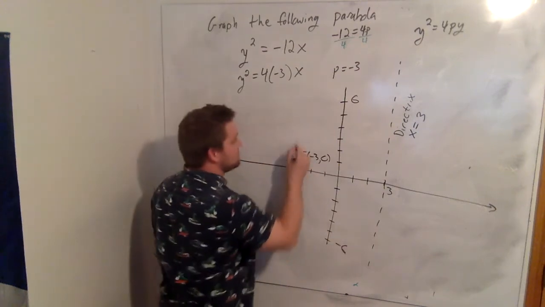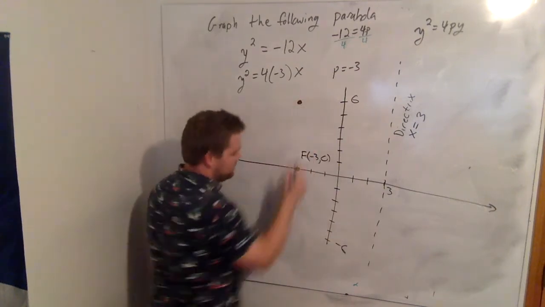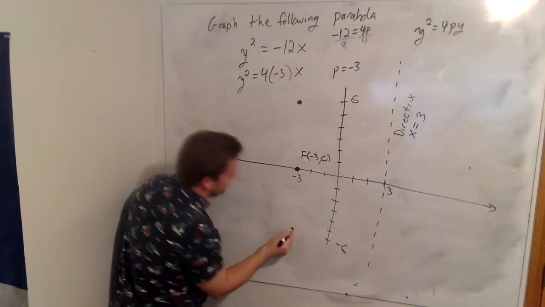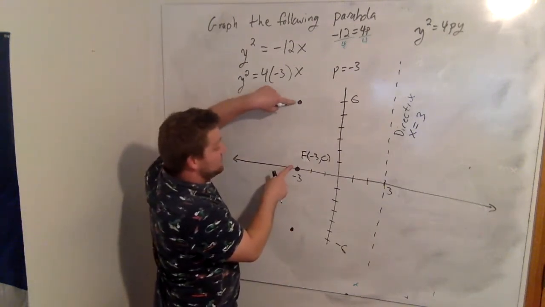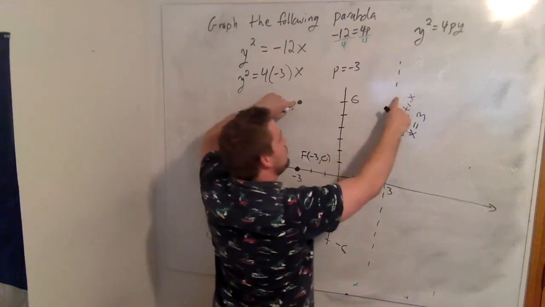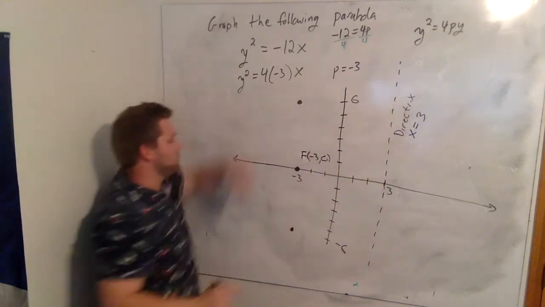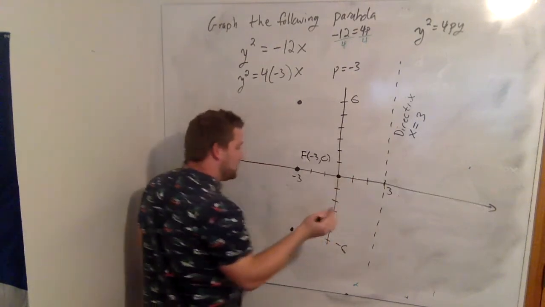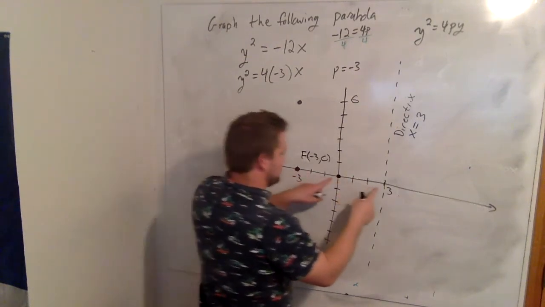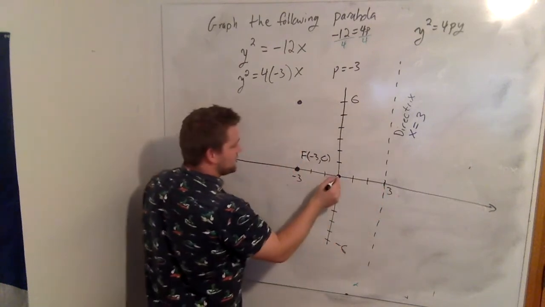Here's negative 6. These 2 points will be on our shape, because the distance from here to here is 6, and the distance from here to here will also be 6, so these points will be on our parabola. This point will also be on our parabola. Again, this distance is 3, and this distance is also 3.